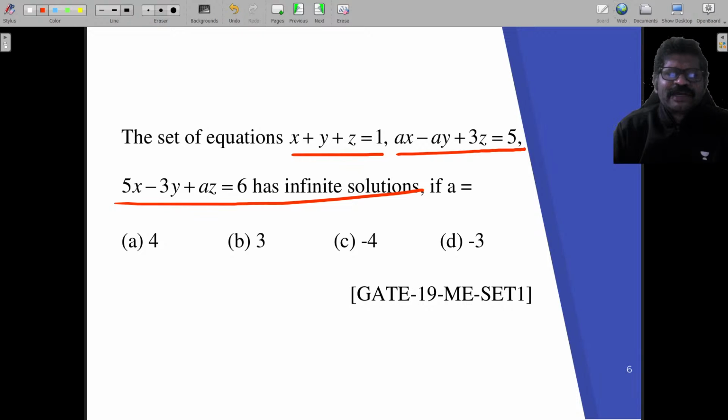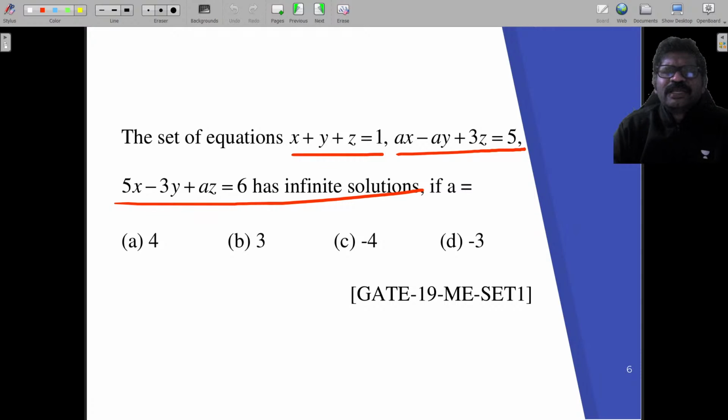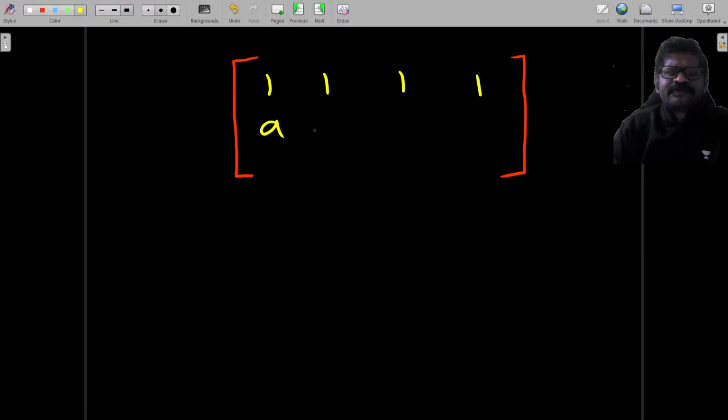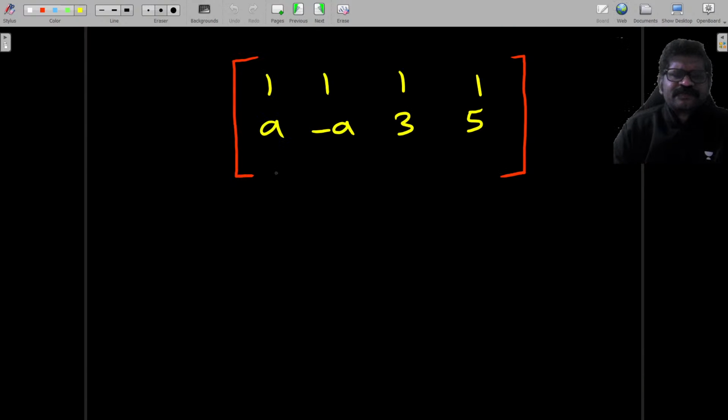First you have to write the given non-homogeneous system in augmented matrix form. 1 1 1, a minus a 3 5, 5 minus 3 a 6, that is the augmented matrix AB.